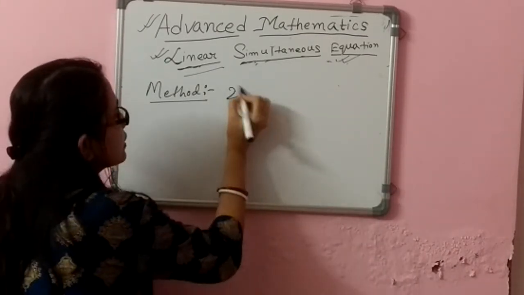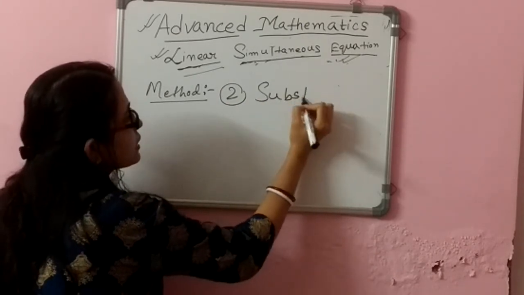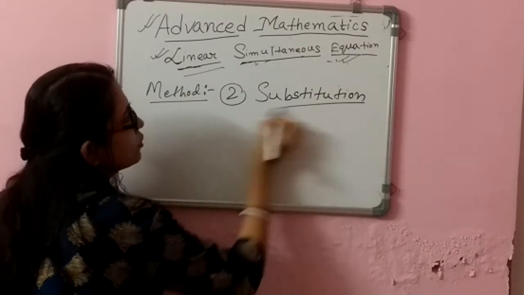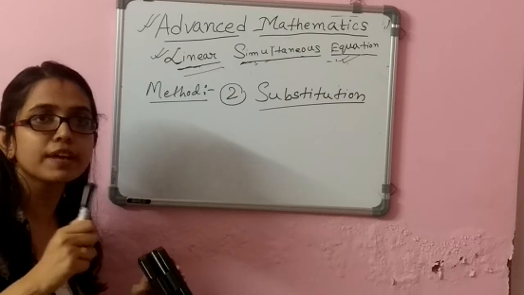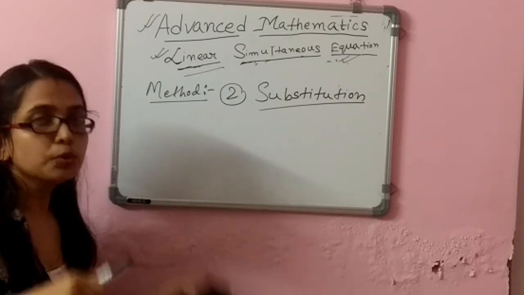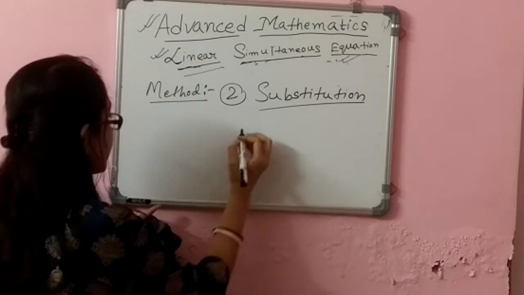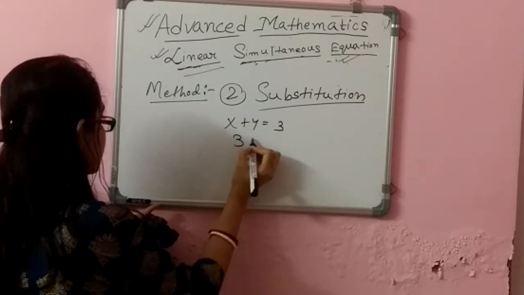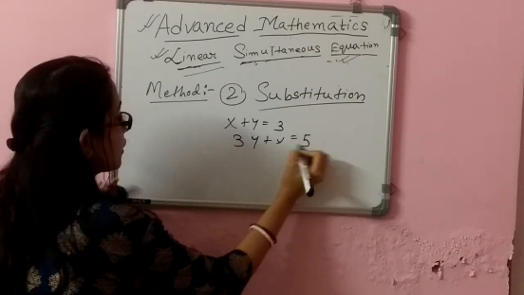The second method is substitution. Substitution means to substitute. What do you mean by the word substitution? We have to substitute the value of one variable into some equation. Let us take an example. Suppose x plus y equal to 3 and 3y plus x equal to 5.